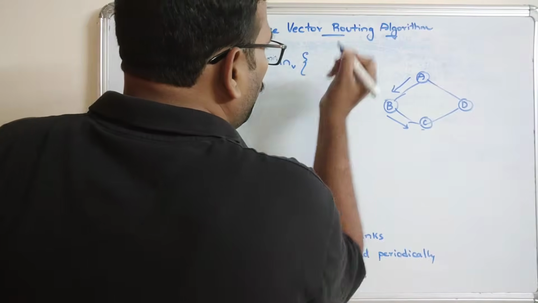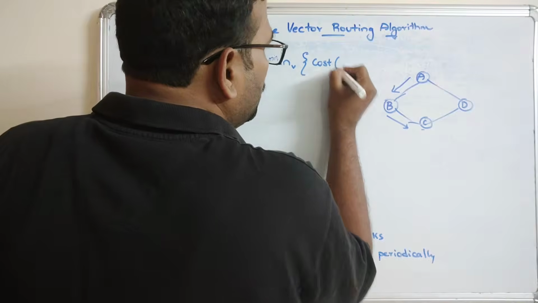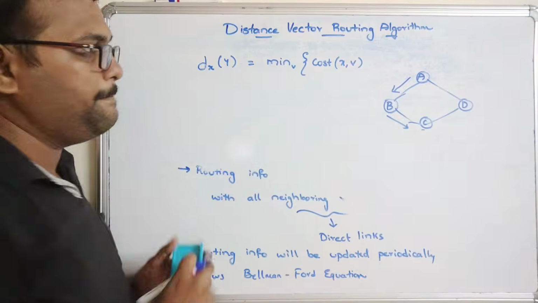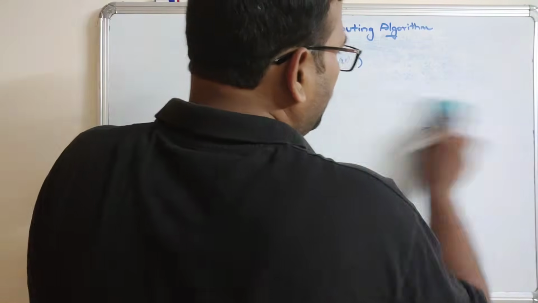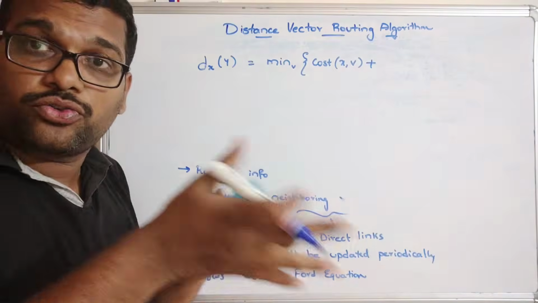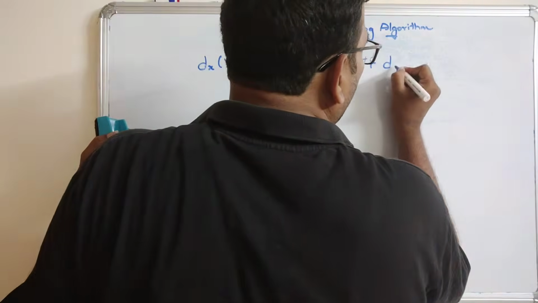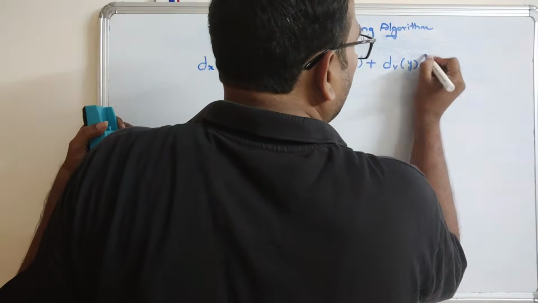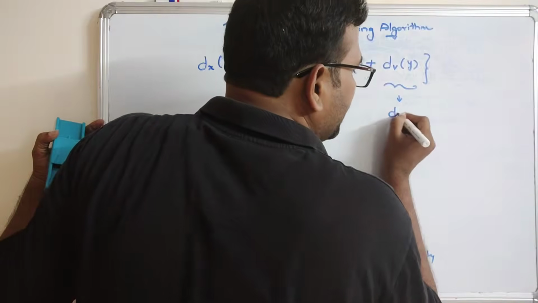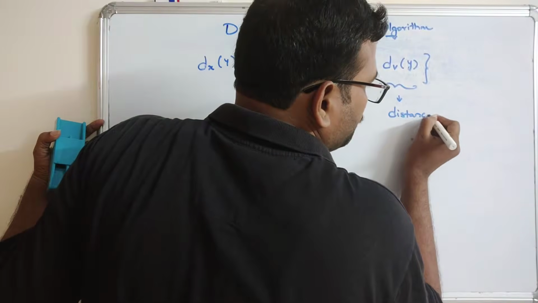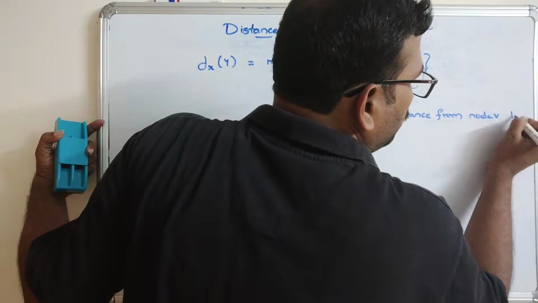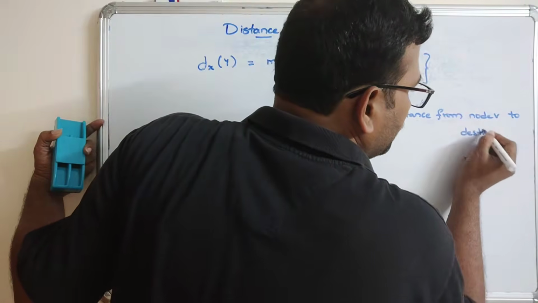So the minimum of what we have to do is the cost of x comma v, that means from source to intermediate node, plus the distance of v to y. This is the distance from node v to destination.